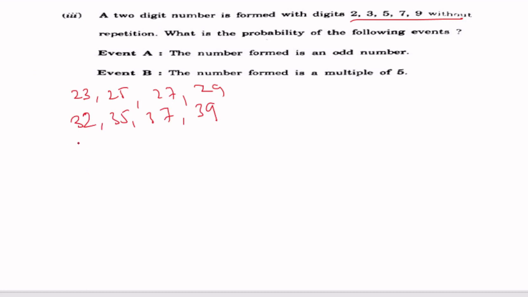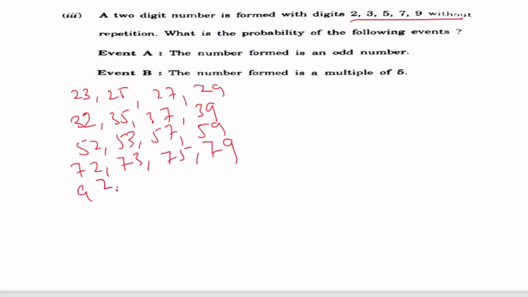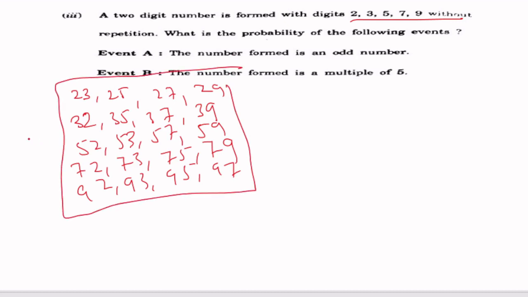Then with 5: 52, 53, 57, 59, 72, 73, 75, and 79, 92, 93, 95, 97. And if you count right, in total we have 20.